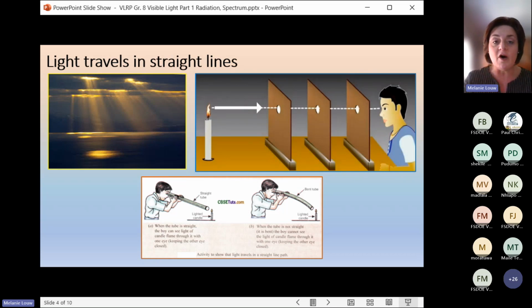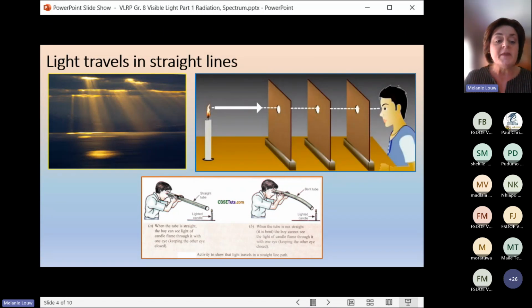It's always from the object to the eye. Those holes must be in a perfect straight line. If you move only one of these holes, maybe slightly to the left or slightly to the right, then you won't be able to see the light from the candle. So as long as those holes are in a perfect straight line, then you will be able to see the light from the candle, proving to us that the light traveling from the candle to your eye moves in a perfect straight line.